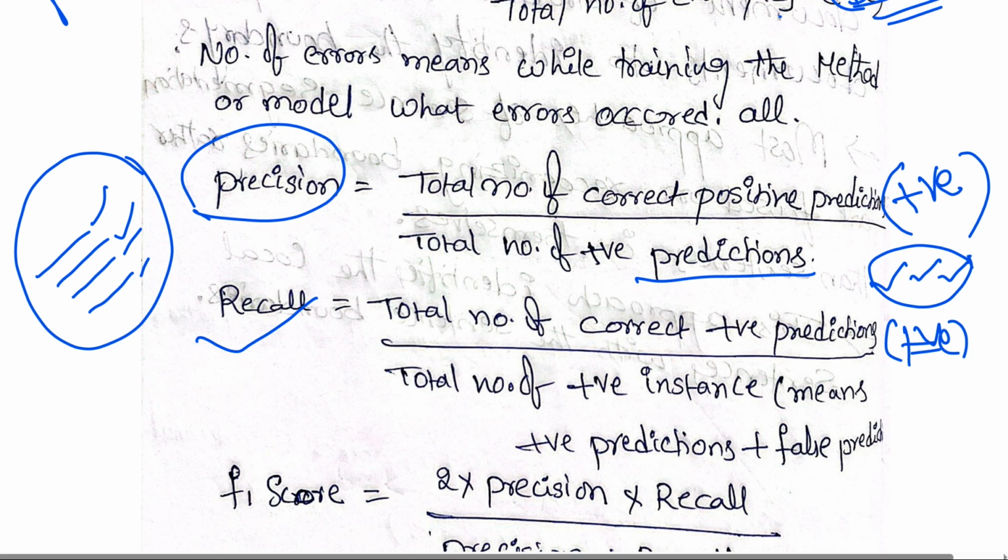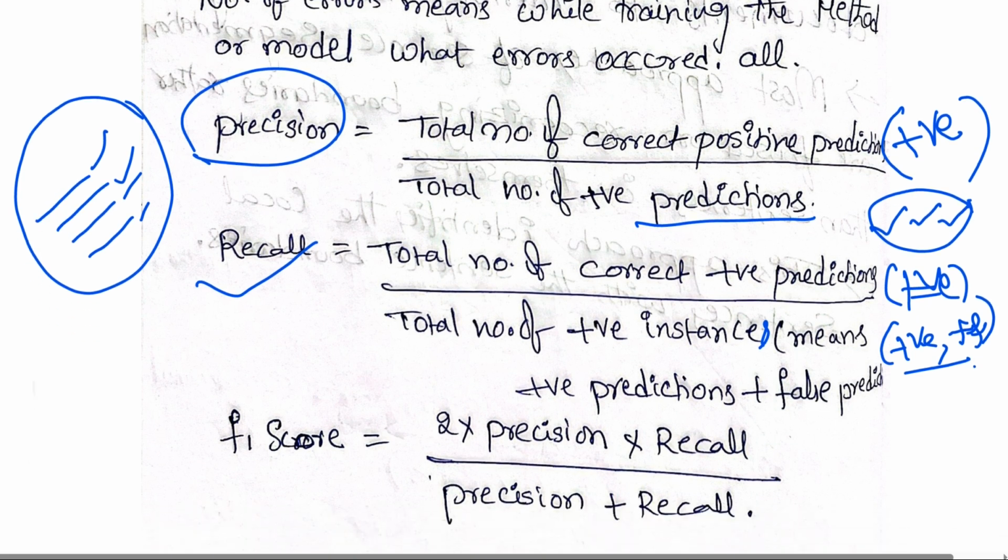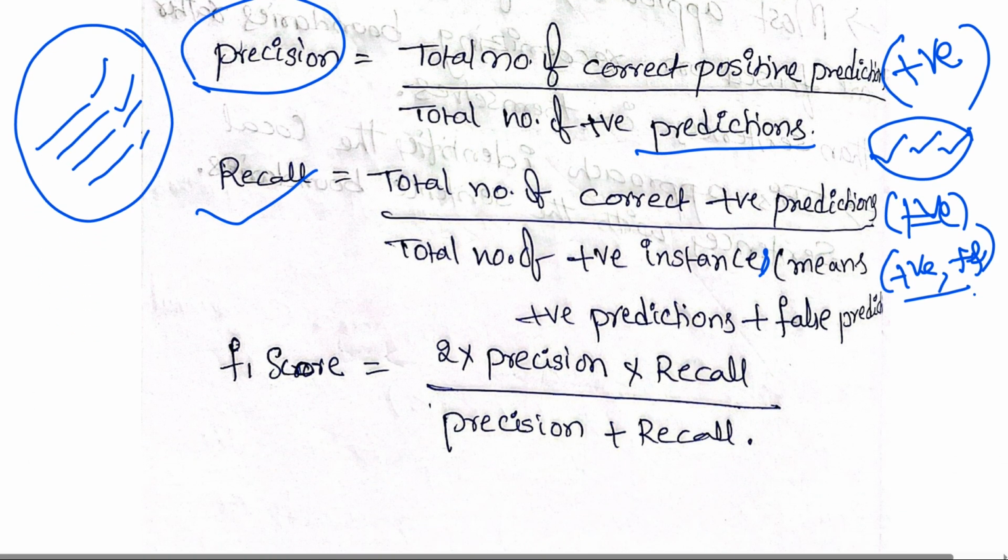Remember, positive instances means the positive predictions plus the false negative predictions together, and that total goes in the denominator. You will get the recall of a particular method.